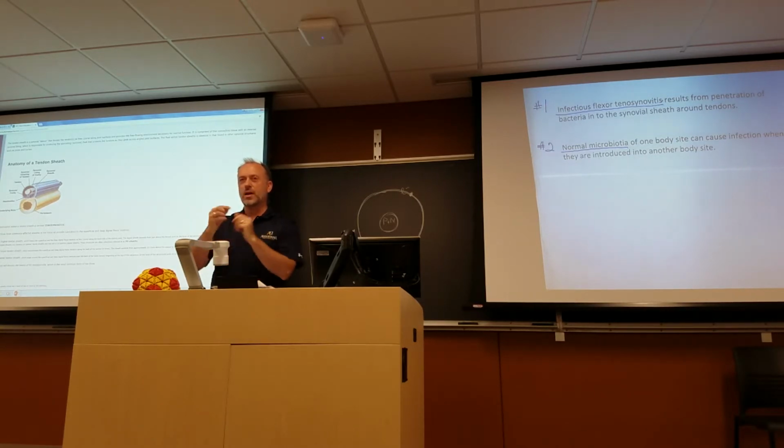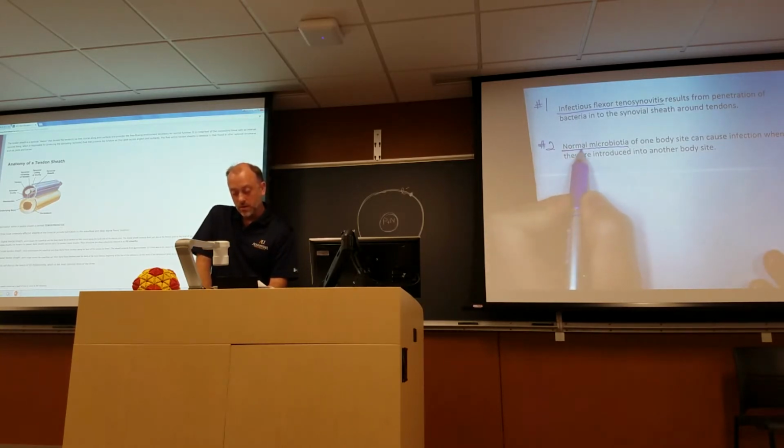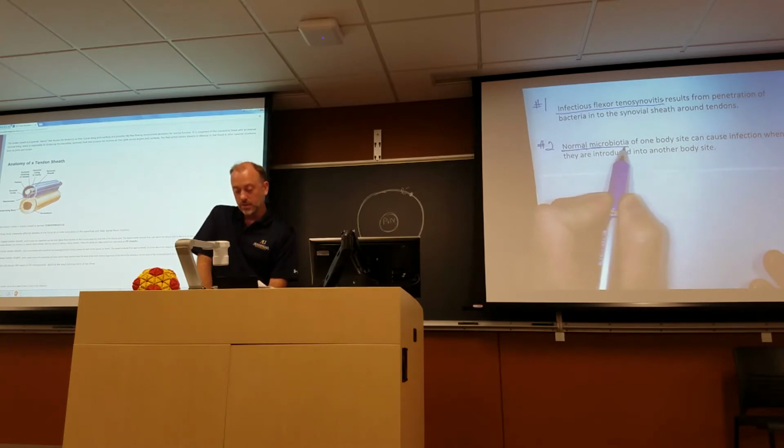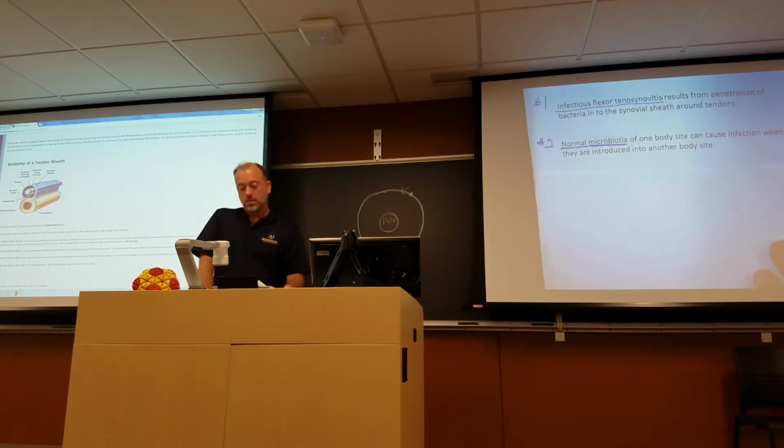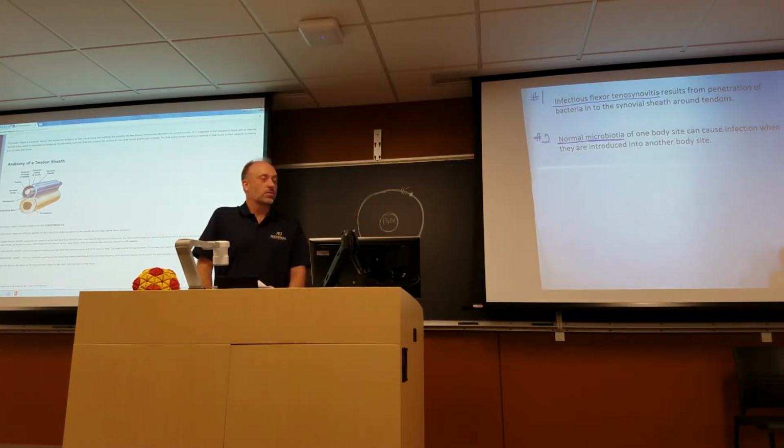The doctor thought it was probably because I injected a needle through my finger and carried bacteria from my skin into the synovial sheath. So the normal microbiota on my finger actually caused a disease when they got into the wrong body site. Normal microbiota are the bacteria that are normally expected to be found in any particular site of your body. The ones on your skin are not necessarily normal anyplace else.